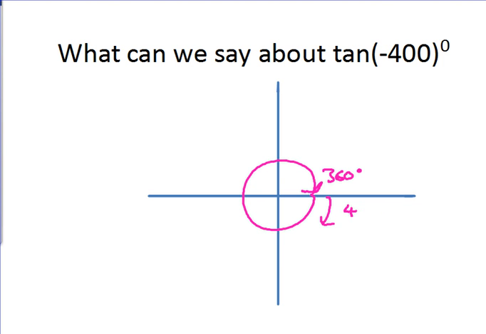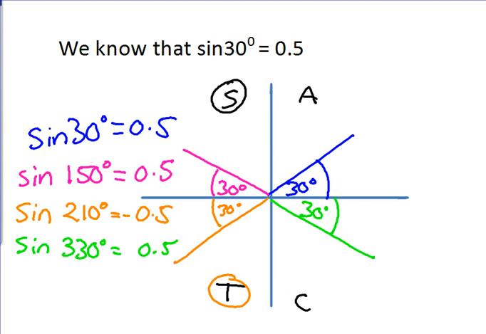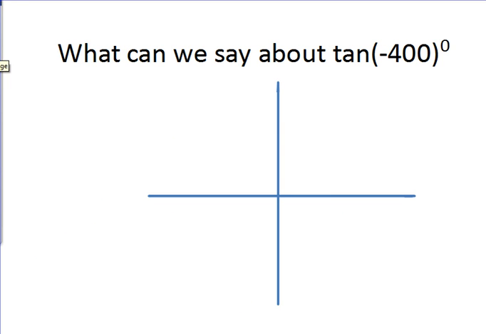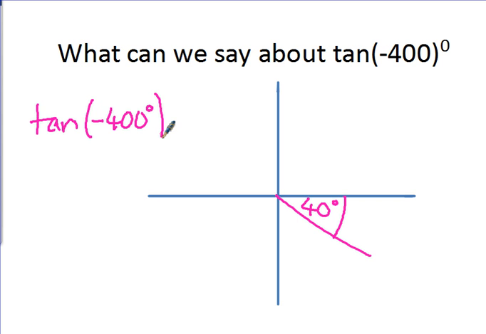So just making that look a little bit neater. Minus 400 degrees essentially has this position here. So minus 400 degrees has very similar properties to 40 degrees. Now, if we're interested in tan of minus 400 degrees, we can consider the quadrants, and we can consider which quadrants produce positive values.